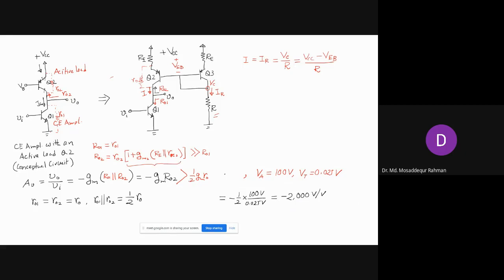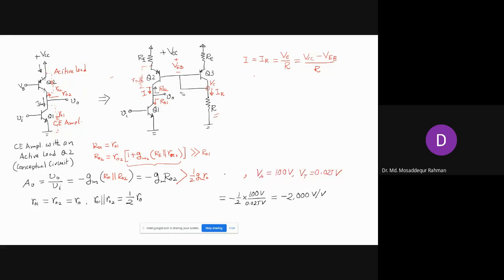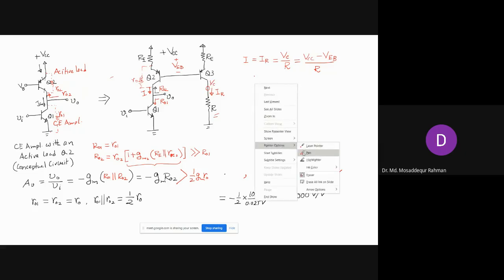With that modification, we get an even higher gain and improved performance for the current mirror. That reduces the error due to the output resistance. And you can also add another modification to reduce the error due to the finite beta.